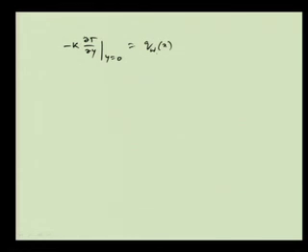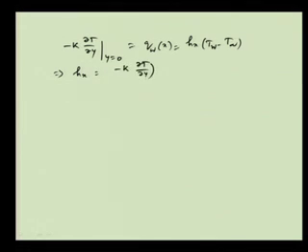This we can write as hx into (Tw minus T∞), by Newton's law of cooling, where hx is the local heat transfer coefficient. So, from there hx is minus k into ∂T/∂y at y equals 0 by (Tw minus T∞).